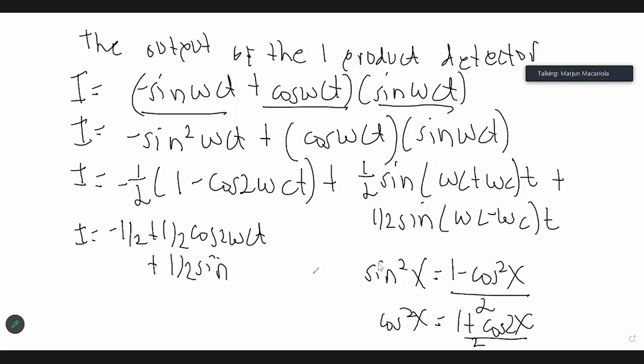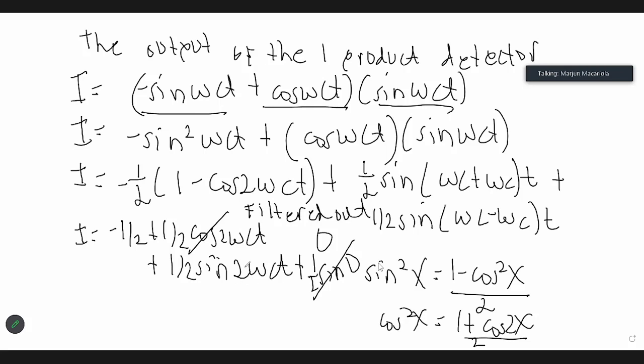So, omega c plus omega c, that is 2 omega ct plus sine of 0, so that is 1/2 sine 0. Okay? So, sine 0 is automatically equal to 0. 1/2 cosine omega ct, so that is always filtered out.